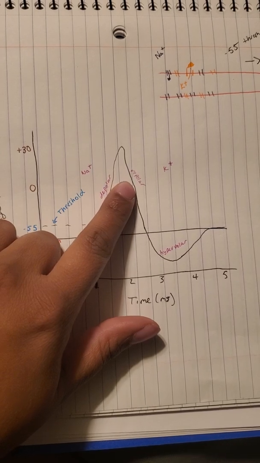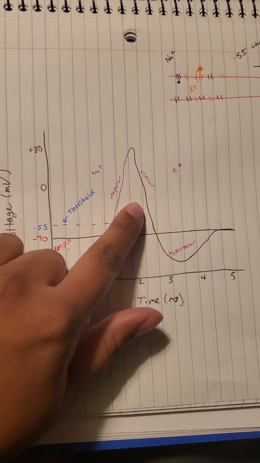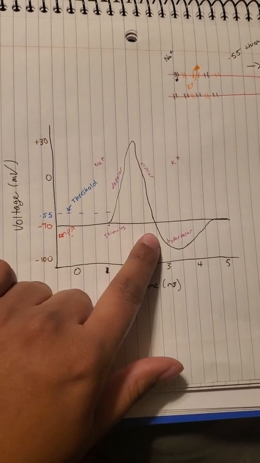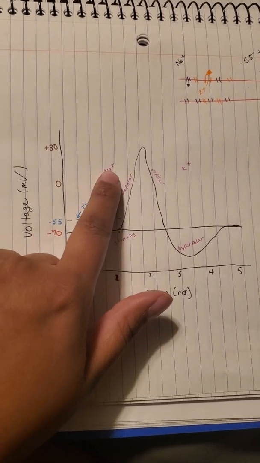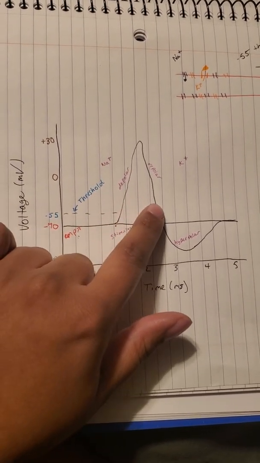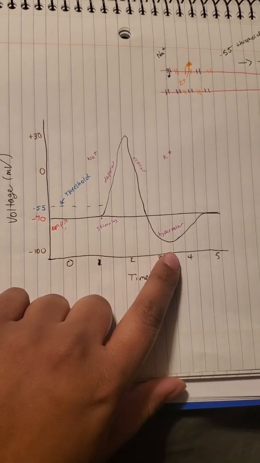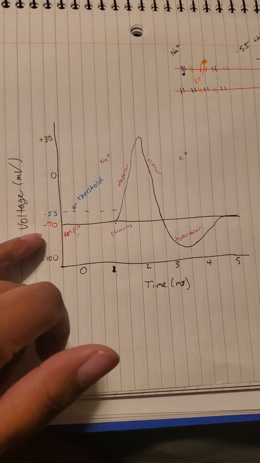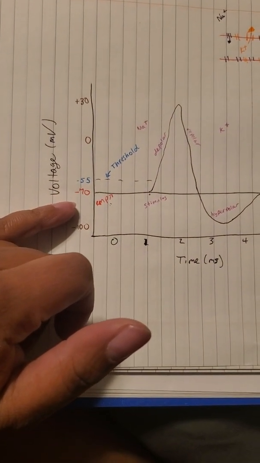So right here, this will be phase 2. We have repolarization, and with those gates closing so slow, the sodium gates are going to close first, and the potassium gates are still going to be open. So we'll get some hyperpolarization, which is the voltage going below -70.